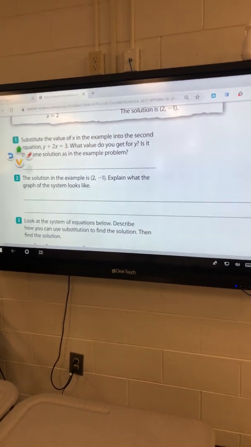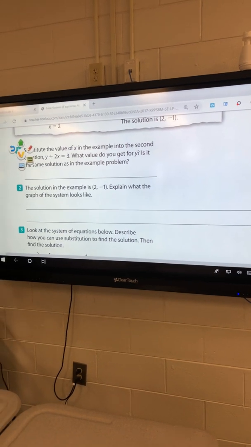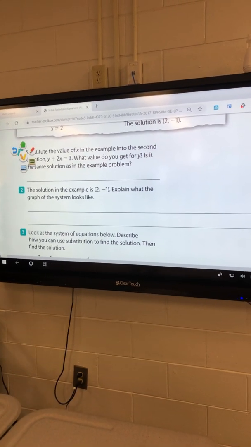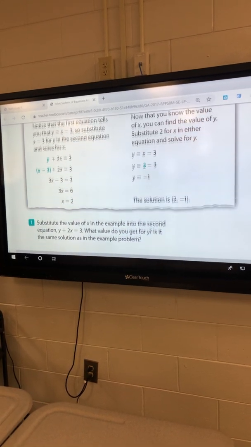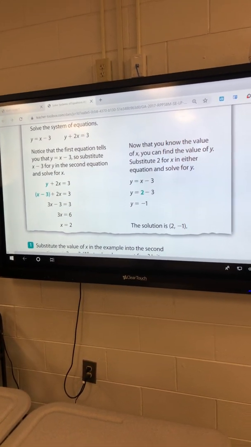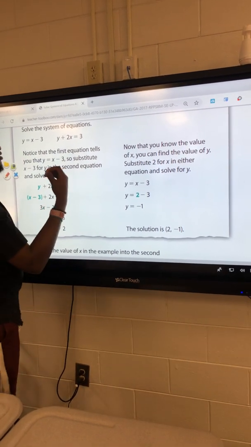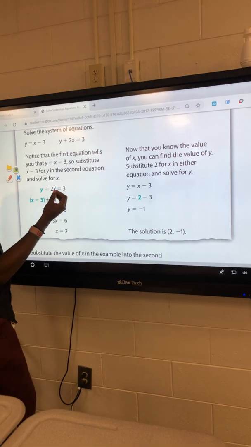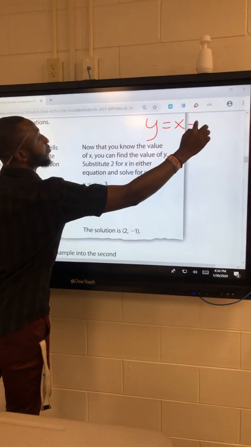Number 2 says the solution in the example is 2, negative 1. Explain what the graph of the system looks like. Okay, so we can actually graph this, but we don't really need to graph it to explain it. Remember, a way that we can determine the solution for a system is by making sure that both equations are in slope-intercept form.